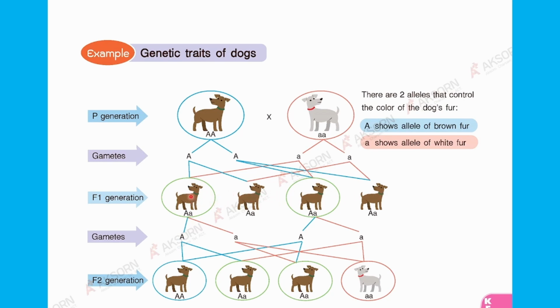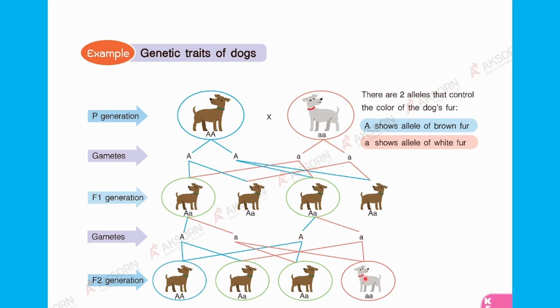But in this generation, F1 generation, they pass one capital A to one of their offspring and one lowercase a to another one of their offspring. And you can see how they mix.